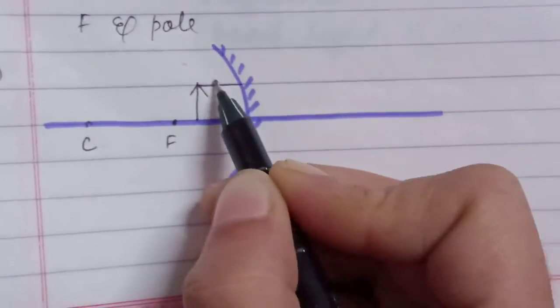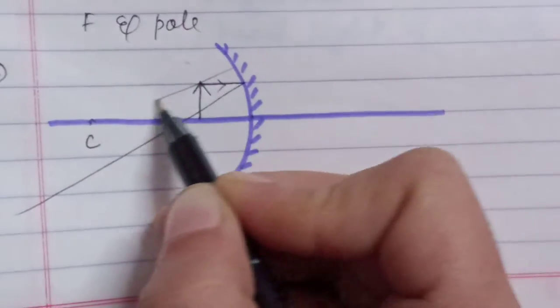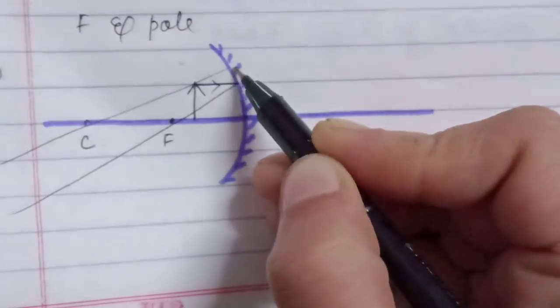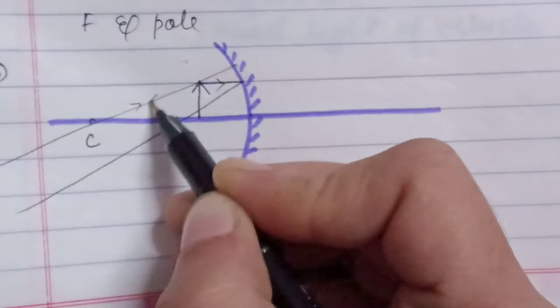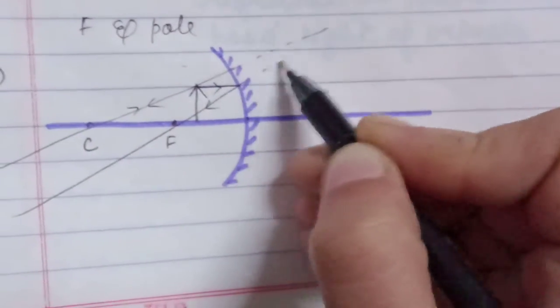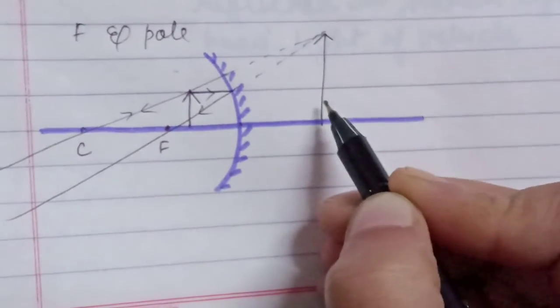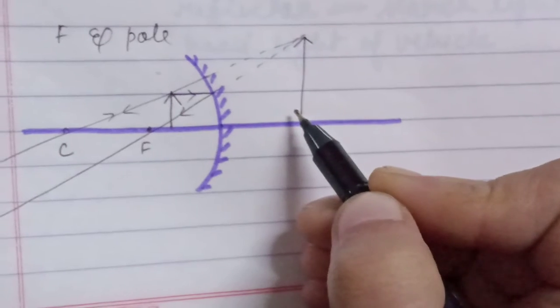So this is the parallel ray. This is from the center of curvature. These appear to meet here, and this is the image.